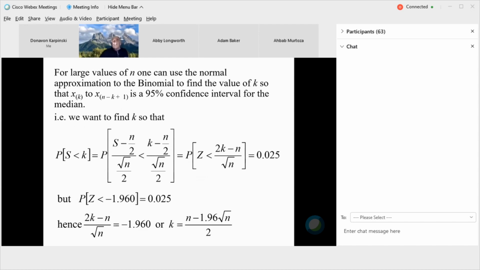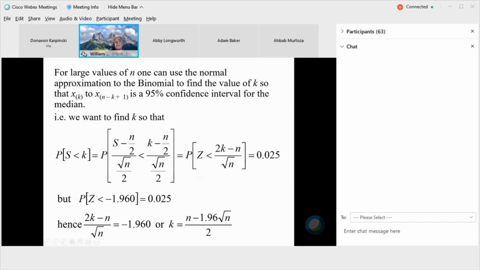Again, for large values, you can use the normal approximation to the binomial. Something that has a binomial distribution with n equal to the sample size, p equal to 1/2 will have an approximate normal distribution with a mean of n over 2 and a standard deviation of square root n over 2.